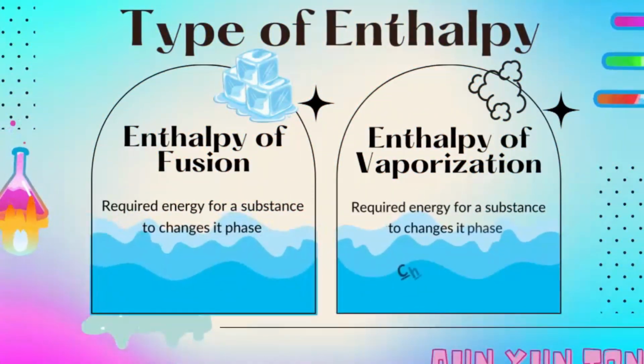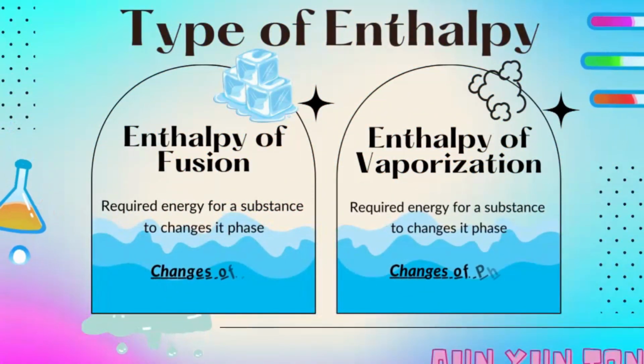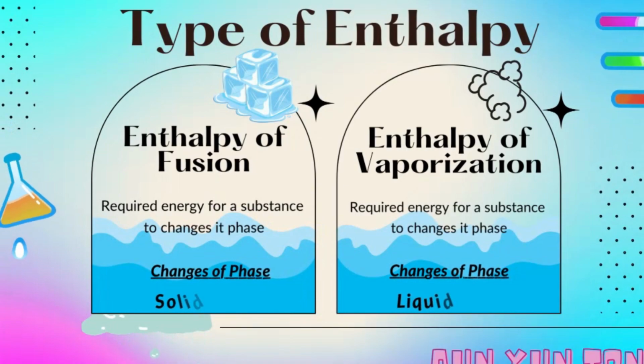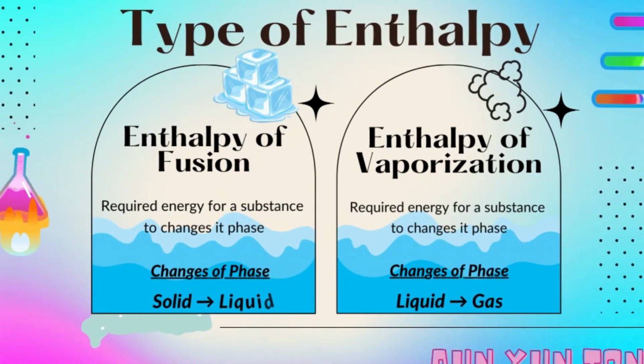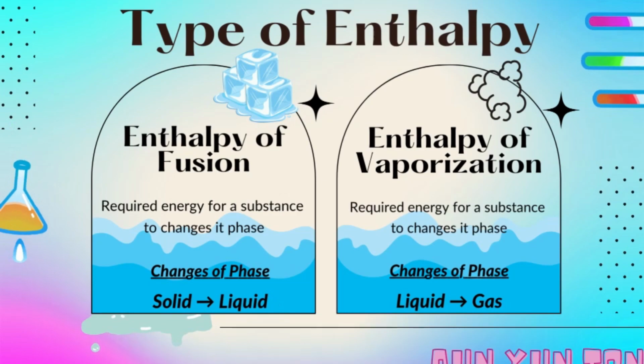There are two types of enthalpy that I'm going to explain, which are the enthalpy of fusion and the enthalpy of vaporization. These two types are also known as the latent heat of fusion and the latent heat of vaporization.